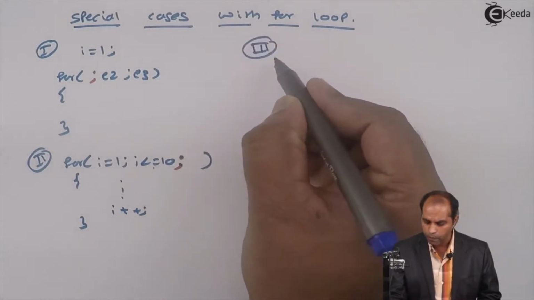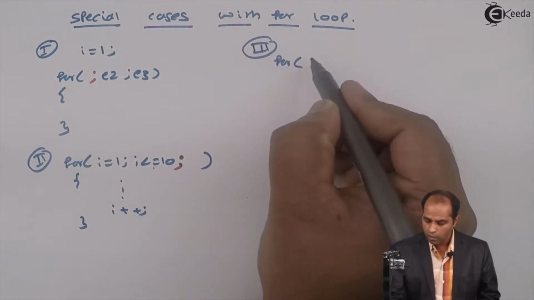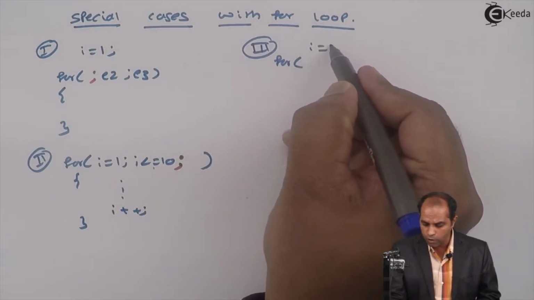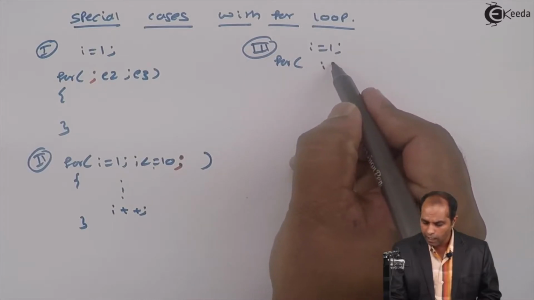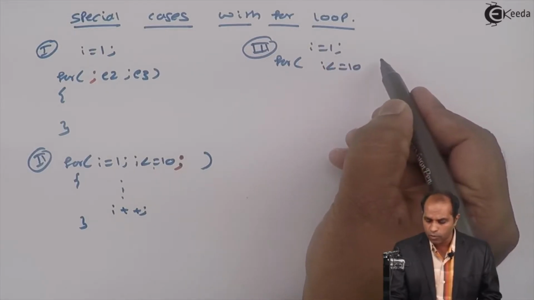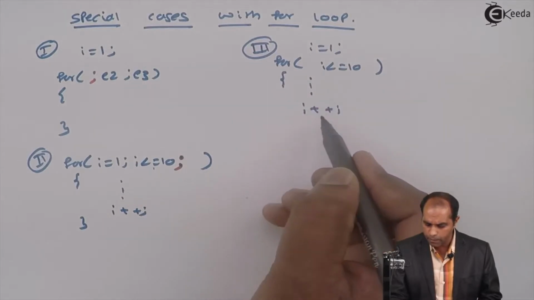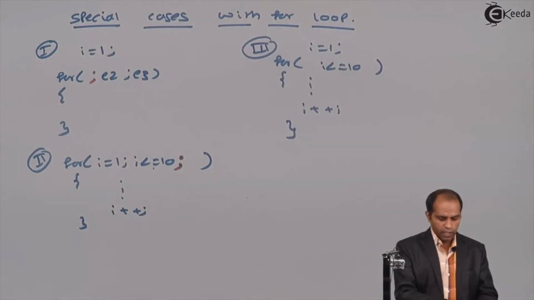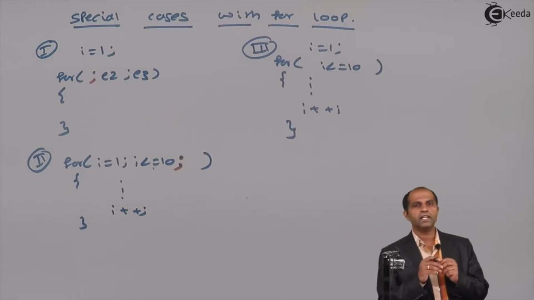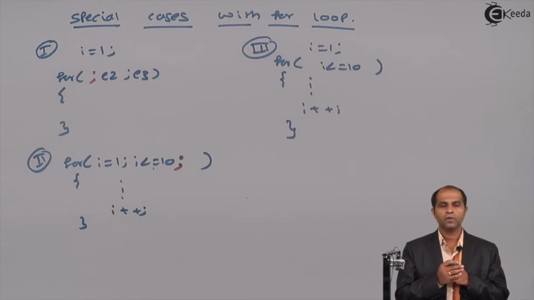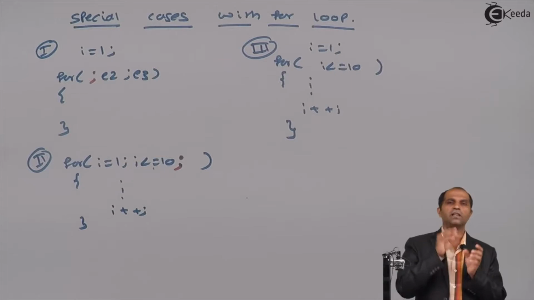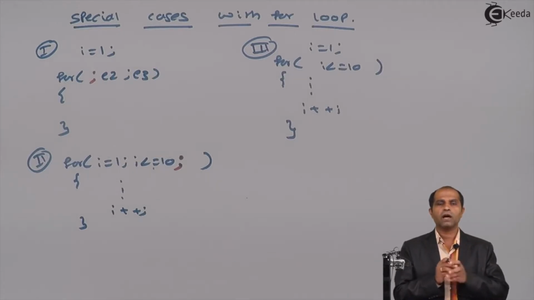I'll say for, I'll have I equals to 1 outside this loop, and here I'll say I less than equal to 10, only E2, and then your statements will be there as it is, and here I'll say I plus plus. So here you will find that expression E1 has been done before the for loop. Your expression E3 is done within the for loop. I have only a condition associated with this for loop.